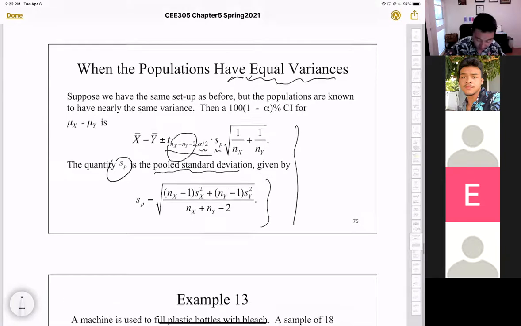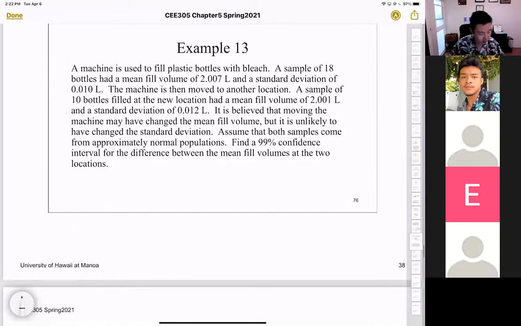Okay. And the next example shows us when the two populations have the same variance. First of all, the last sentence: 99% confidence interval for the difference between two means. And then let's look at the sample size. The sample of 10 bottles. We know this is a small sample.